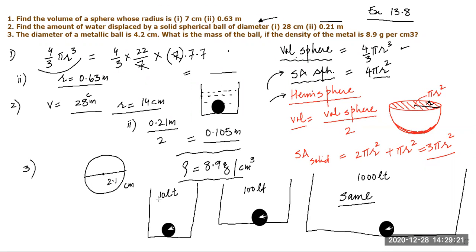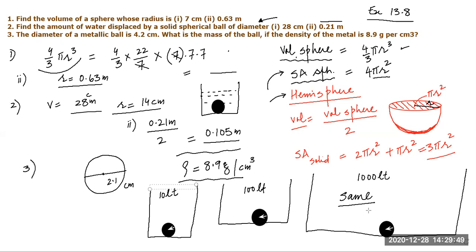Okay, Pranav, one more thing. Think about these three containers totally filled till the top. Now if we drop the sphere in all three containers, how much water will come outside?